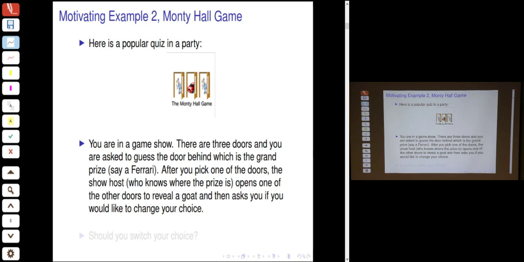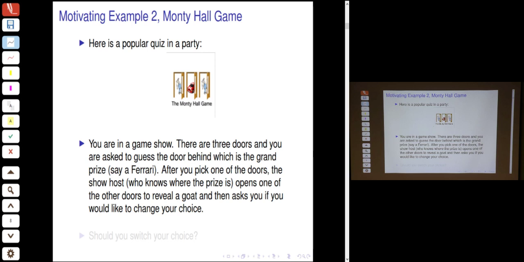So you are asked to guess behind which door there's a car. Now after you pick the door, the host of the game show knows where the car is, right?